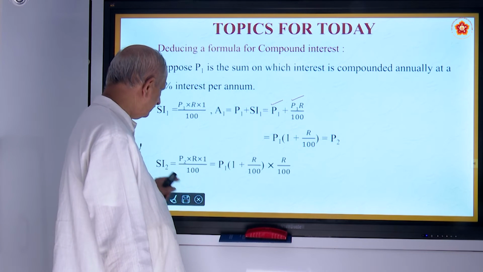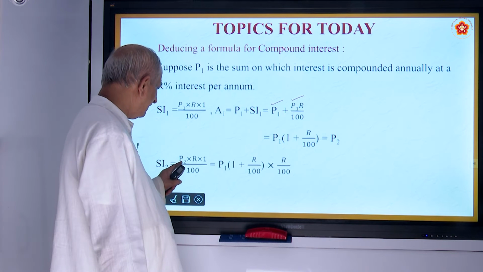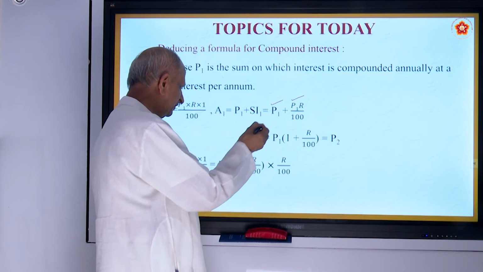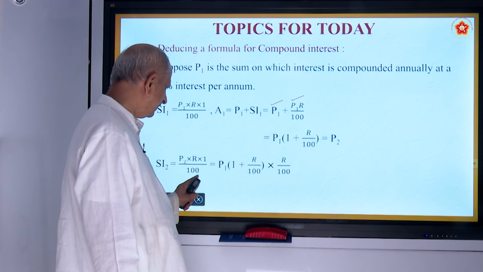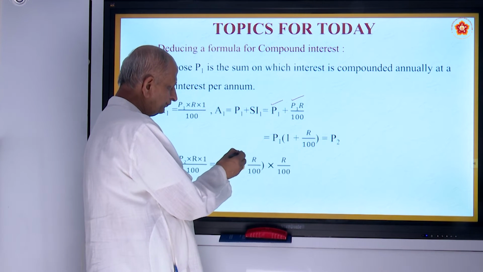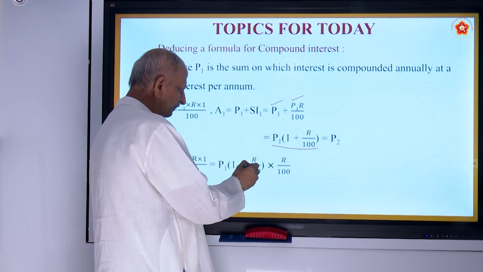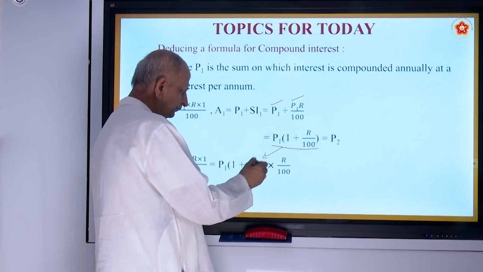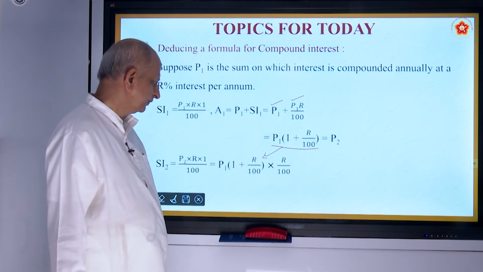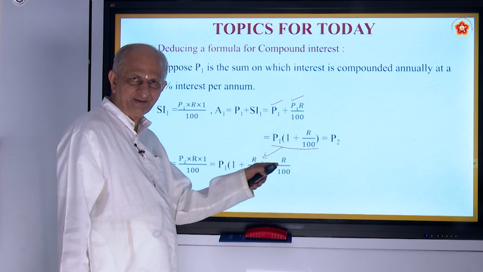So SI2 will be the principal, that is P2, which you have to take, into rate of interest R into 1 by 100. Now what is P2? P2 is P1 into 1 plus R by 100. So SI2 is P2 into R by 100 as usual. So instead of P2 we have written this. Are you following?